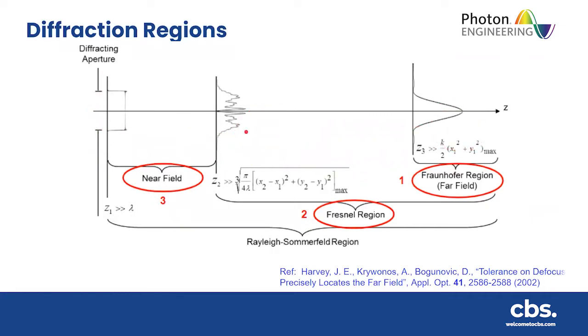Often the Fresnel region is more complex to calculate correctly because you have a lot more higher spatial frequencies in the diffraction pattern as the beam is in the intermediate state between the aperture and the far field, the Fraunhofer region. So it starts to mutate, and the position in the Fresnel region determines, among other things, the fringe pattern that you would see.